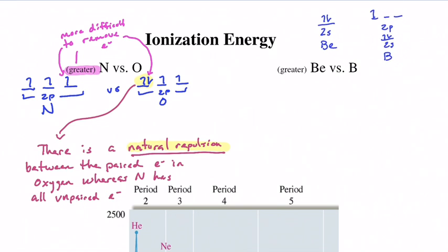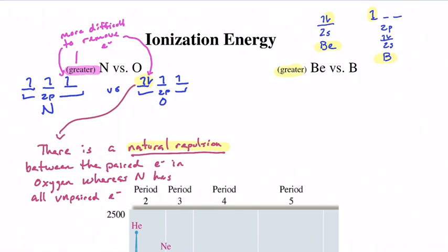Here, I'm going to put that up there. So it's saying that Be is greater. So what I'm trying to do, I'm even going to highlight the electron that we're trying to remove. It's the last placed electron, you guys. It's the outermost electron always. That's the one I'm trying to remove.